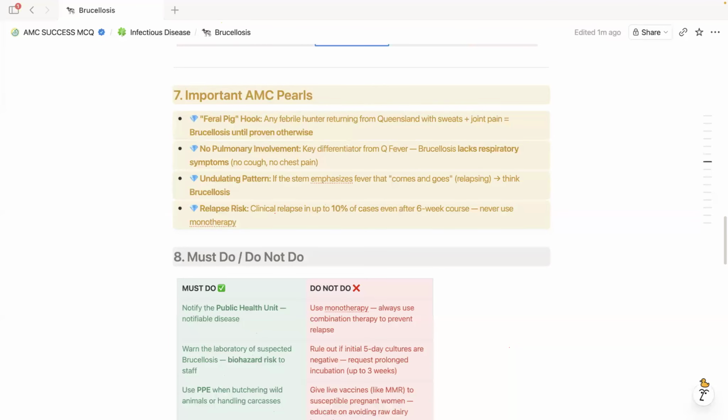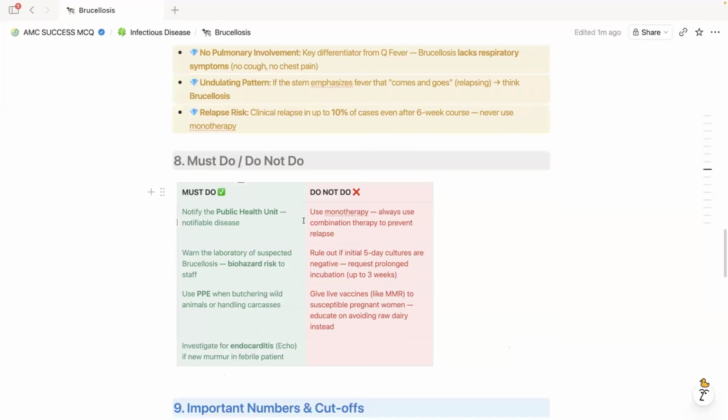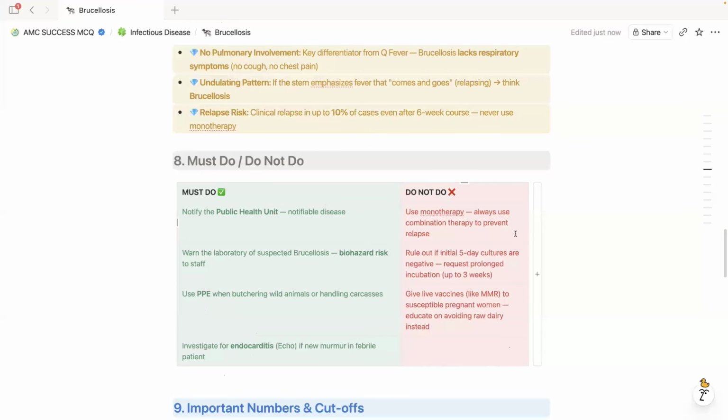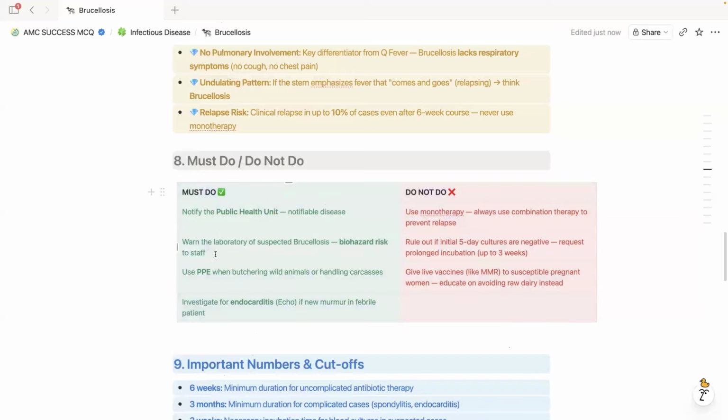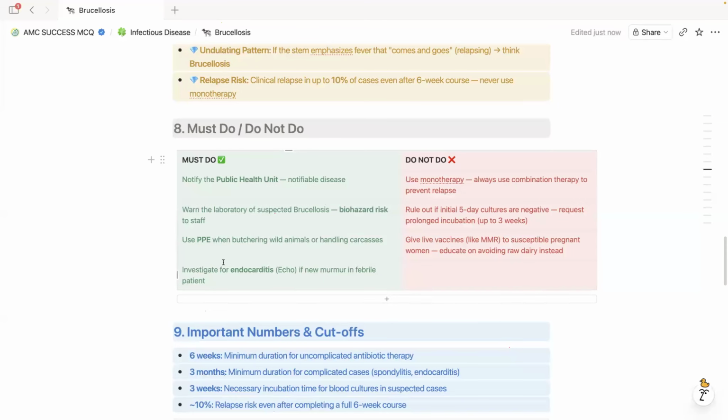Never use monotherapy. Now some must-do and do-not-do points. We have to notify public health. We have to warn the lab of suspected brucellosis, which is a biohazard for the staff. We should use PPE when butchering wild animals or handling carcasses.